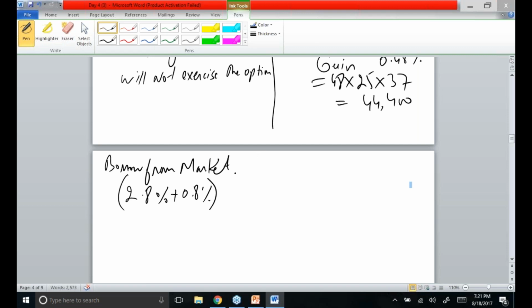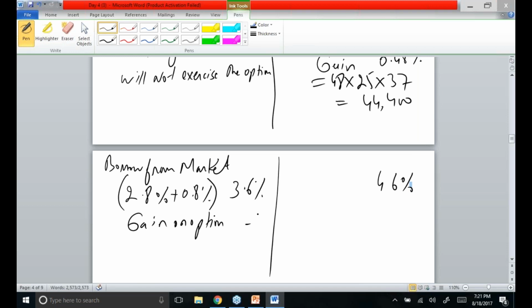So that means you are going to borrow at 3.6, and here it was 4.6. Gain on option, obviously there is none. Gain on option, that is 0.48%. Premium 0.581. Premium 0.581.